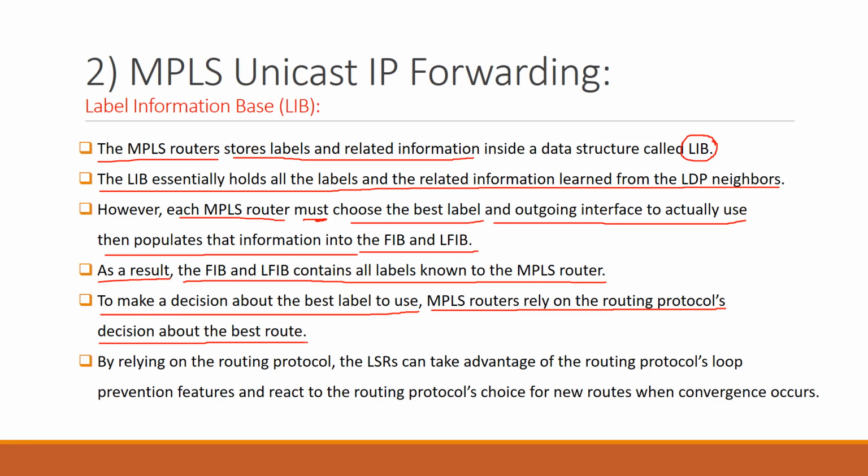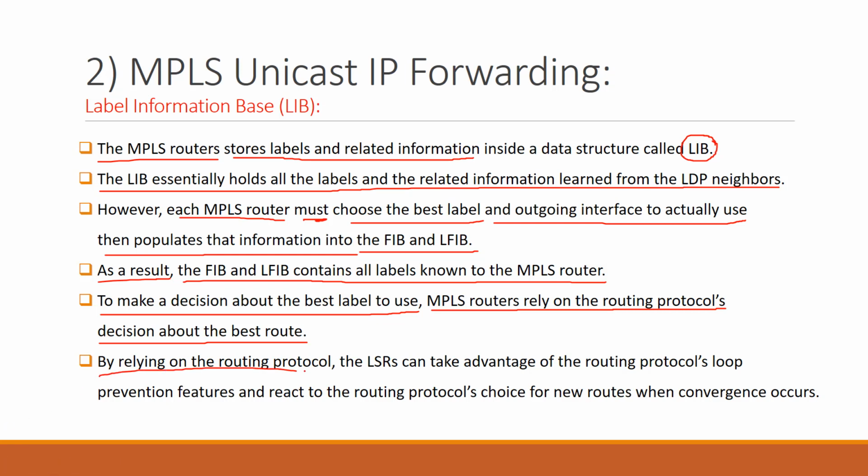So MPLS routers or LSRs rely on the routing protocol used, because the routing protocol knows which is the best path to this specific prefix. So this decision relies on the routing protocol's decision about the best route, and this route with this specific label will be the best label to use.